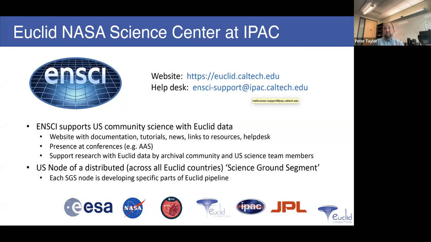And now that data is coming in, we're also starting to ramp up, and you can expect a lot of papers to be released in the next year as well, talking about the ground segment, which is responsible for this pipeline. Okay, and we'll see about copy pasting that link in the chat for easier access.